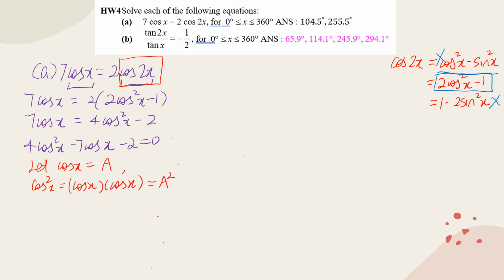So you end up having 4A squared minus 7A minus 2. And I'm very sure you'll be able to factorize this quadratic equation involving algebra.